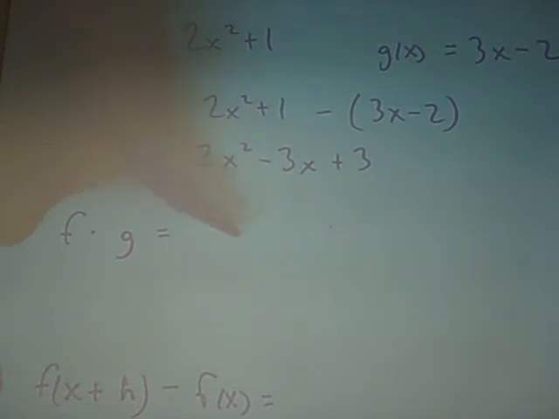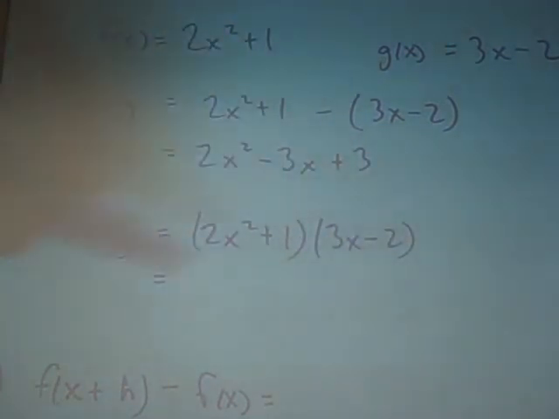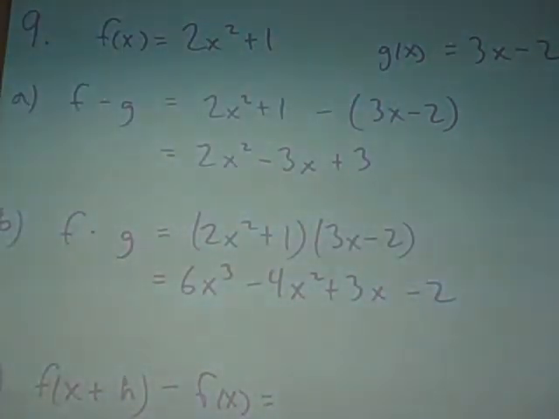F times g, use FOIL, 2x squared plus 1 times 3x minus 2. And we get 6x cubed minus 4x squared plus 3x minus 2. So that would be f times g.